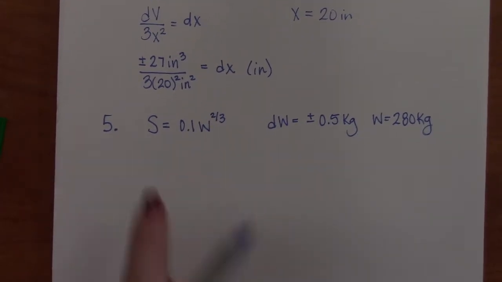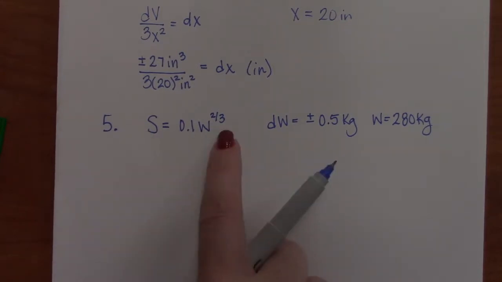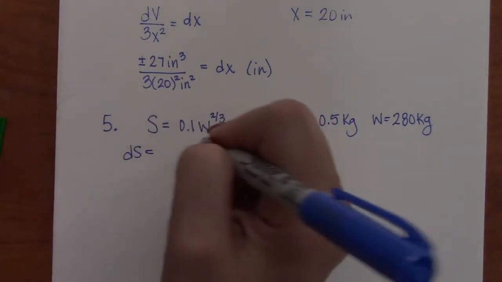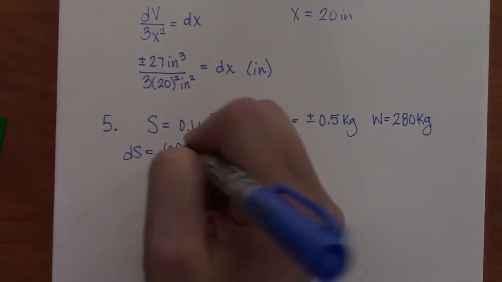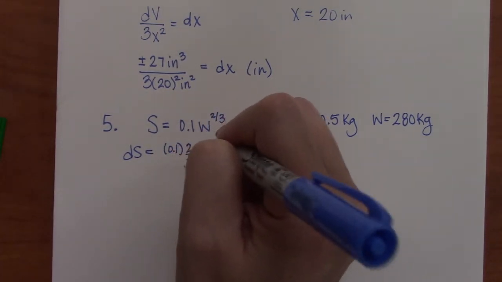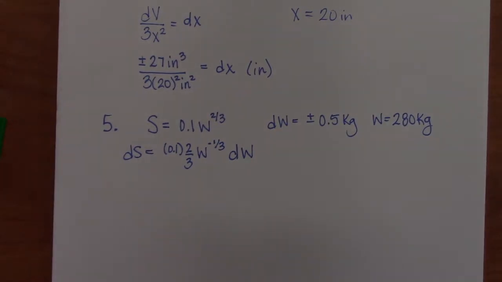So once again, error is just, we're going to use the differential for that, so we just take the derivative of this equation. So ds is 0.1 times 2/3 W to the negative 1/3 dW. And you just want to double check your units.